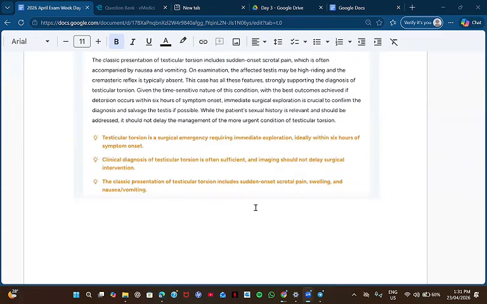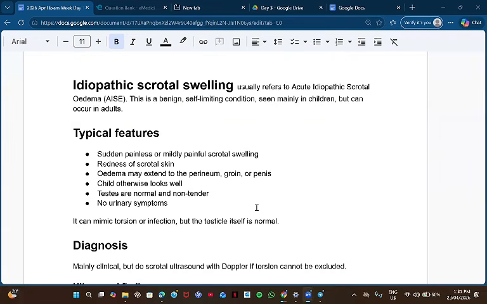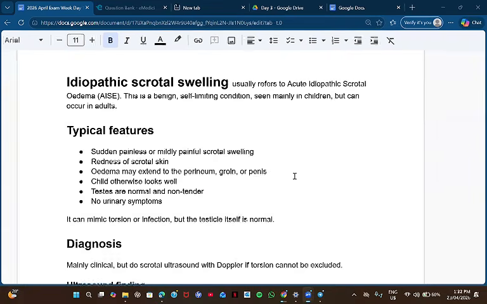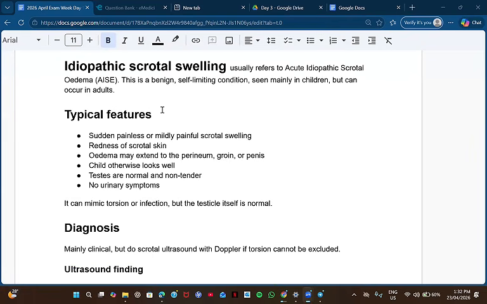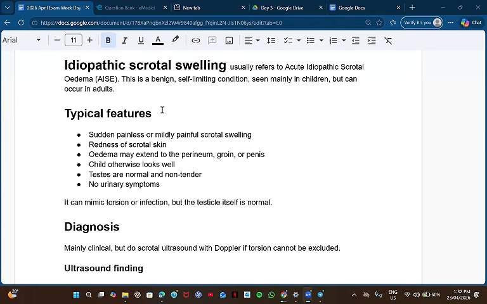Right, doctors? Okay, so what about idiopathic scrotal swelling? It usually refers to acute idiopathic scrotal edema, or AISE, right? This is a benign, self-limiting condition seen mostly in male children but can occur in adults as well.